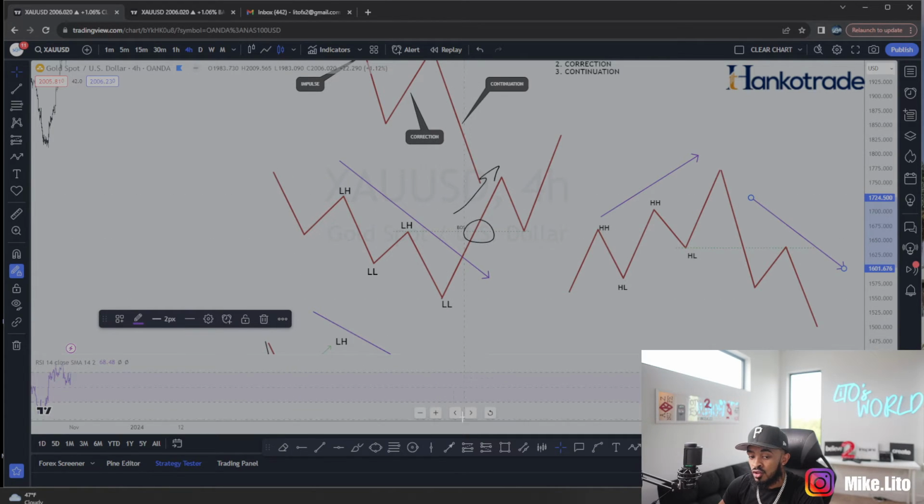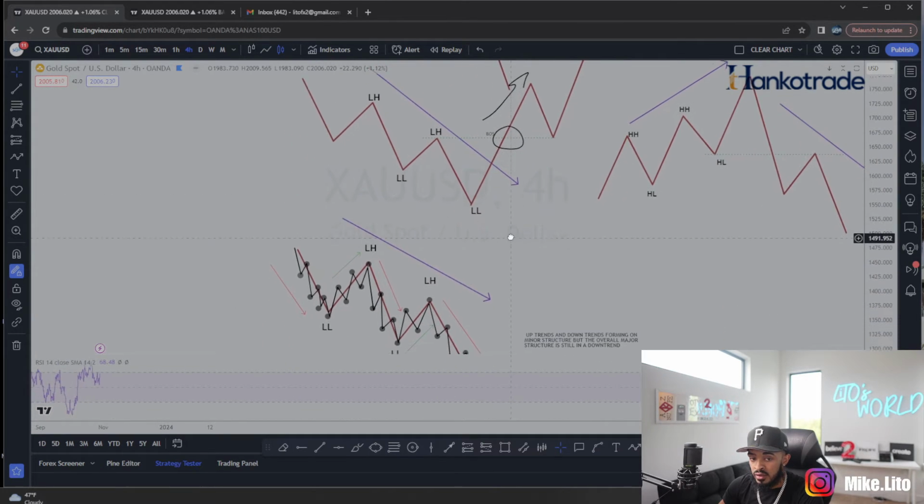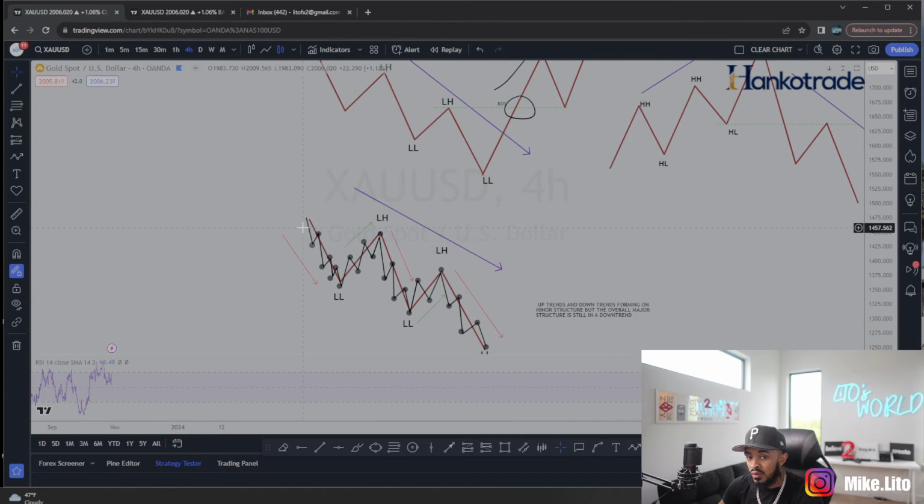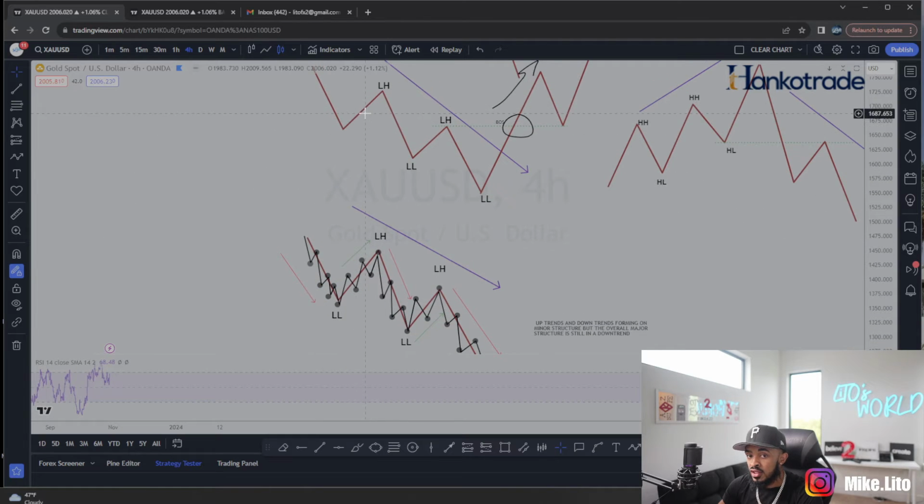On a minor structure, it will look a lot like this, where you have a minor structure downtrend, which is illustrated with the red arrow. Then you have a minor structure uptrend, which is made up of that overall correction of the major structure leg. And then you have a downtrend, which is in alignment with the overall continuation of the major structure leg.